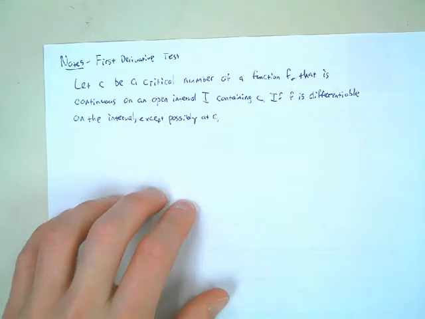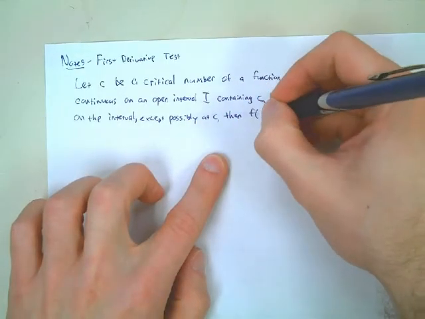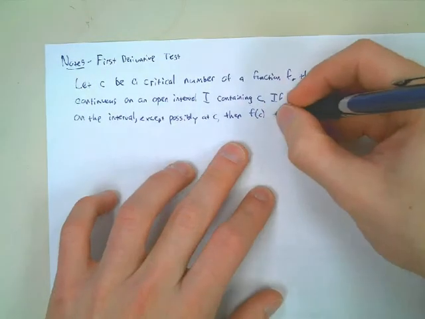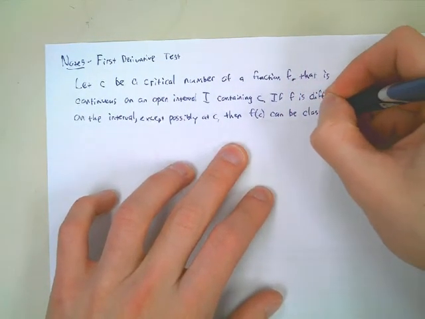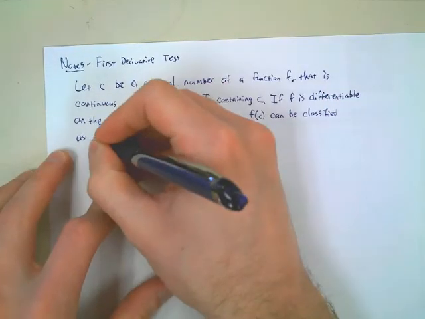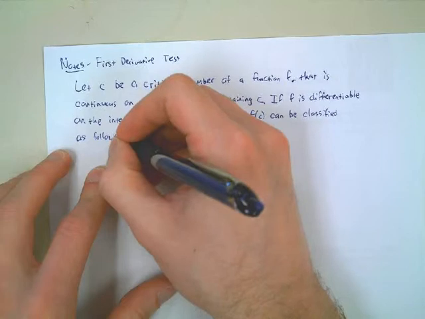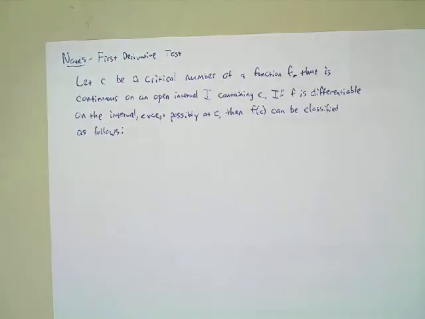Okay. Then f of C can be classified as follows. So C is that critical number of a function.